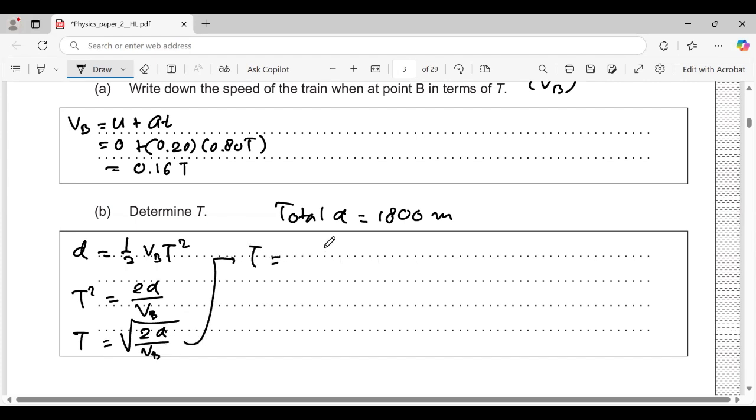So t equals the square root of 2 times 1,800 divided by 0.16, and the result is the square root of 22,500, which is 150. That's the time.